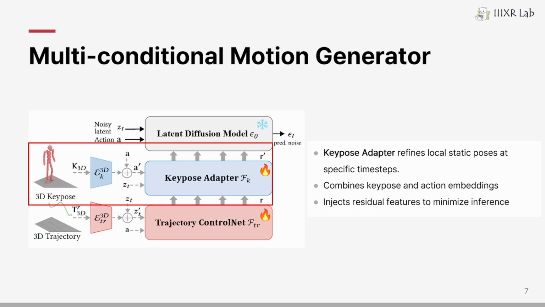It combines key pose embeddings with action embeddings and injects these features into the generator's residual layers. This residual injection helps minimize interference between global trajectory control and local key pose refinement, resulting in smooth yet accurate motion synthesis.